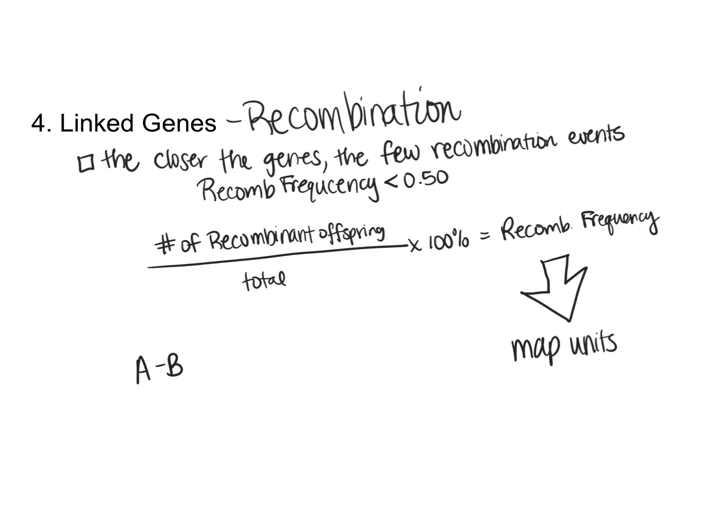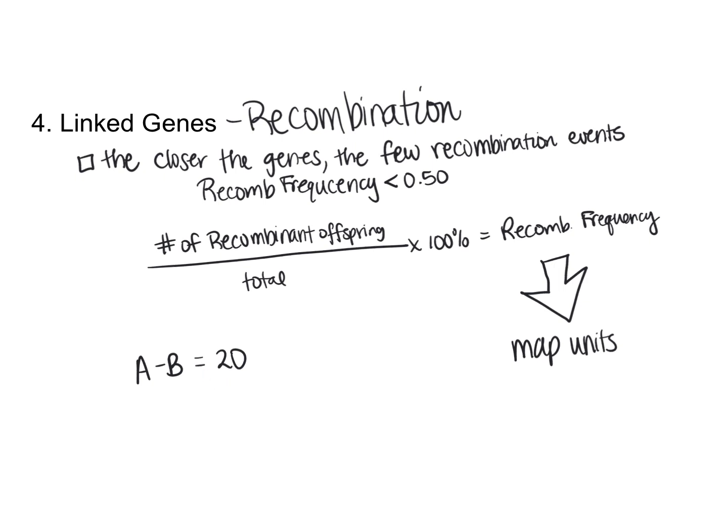So let's say between A and B the recombination frequency was 20. So instead of saying 20% recombination frequency, this would be 20 map units away from each other. And again, that's just kind of arbitrary.